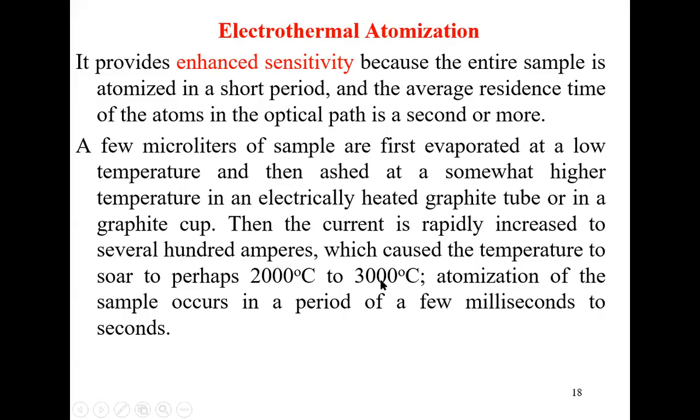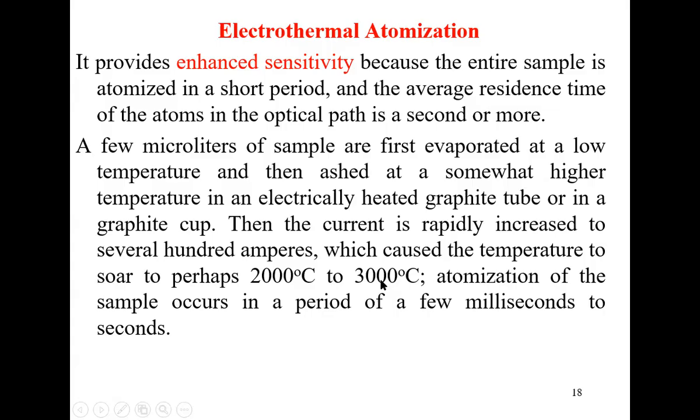Those are the volumes we are dealing with. What about flame AA? Correct. It's milliliter level for flame AA versus microliter levels. So you're dealing with smaller volumes in electrothermal atomization.